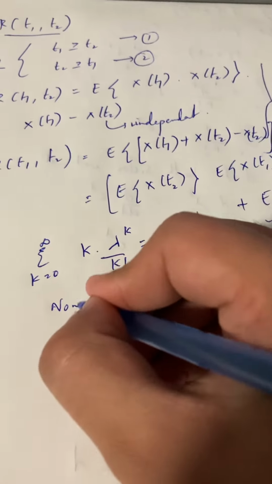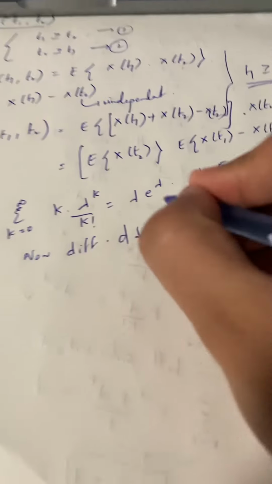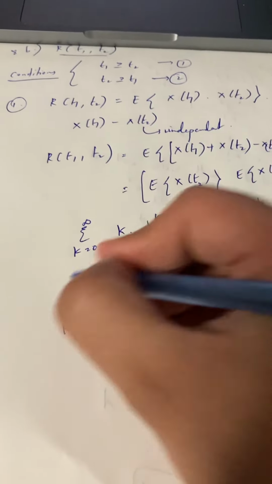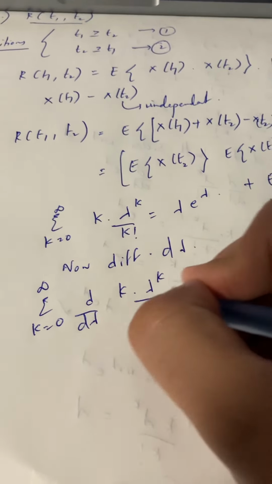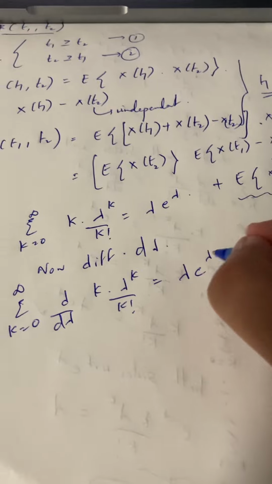Now differentiate again with respect to lambda. So sigma k running from 0 to infinity d by d lambda of k into lambda power k by k factorial equal to d by d lambda of lambda e power lambda.